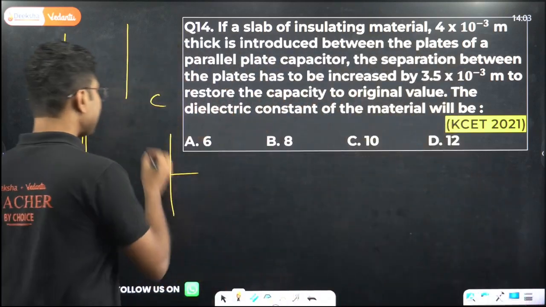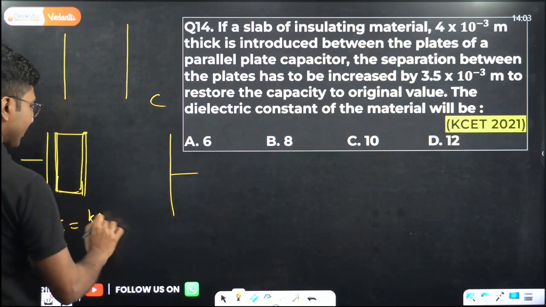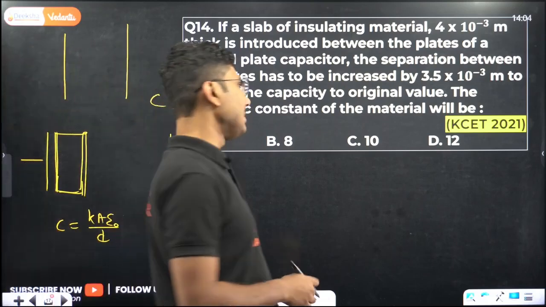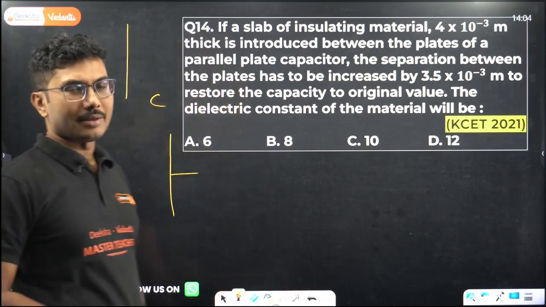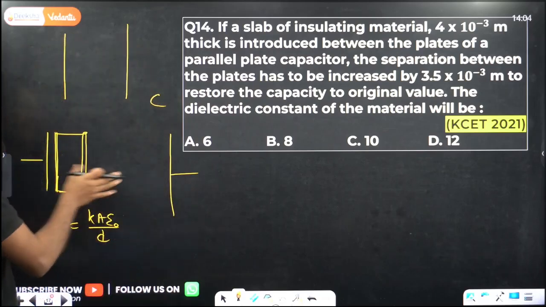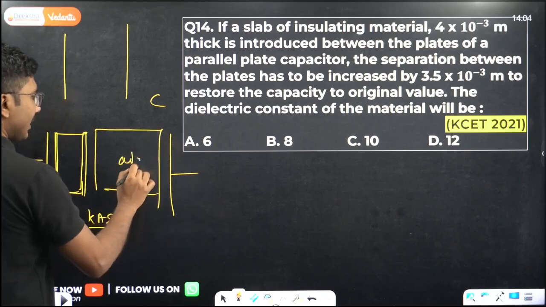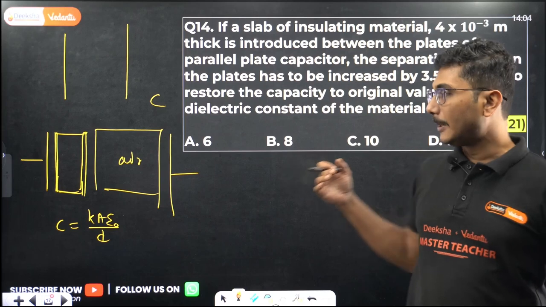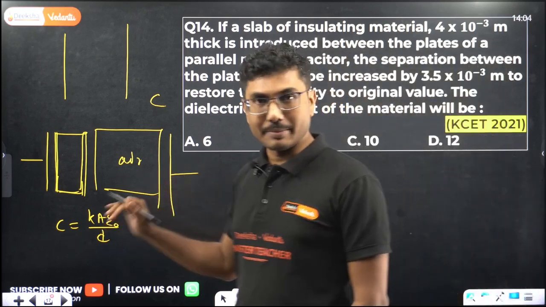Now we know that capacitance is normally given by C equals K epsilon naught A by D, right? When you insert the dielectric medium, its capacitance increases. Now if you increase the distance between the plates, this part is air, by the way, so basically it's a parallel combination of two capacitors such that the total capacitance remains constant.